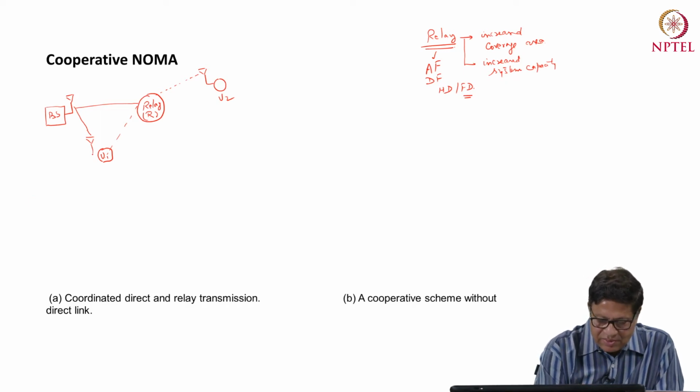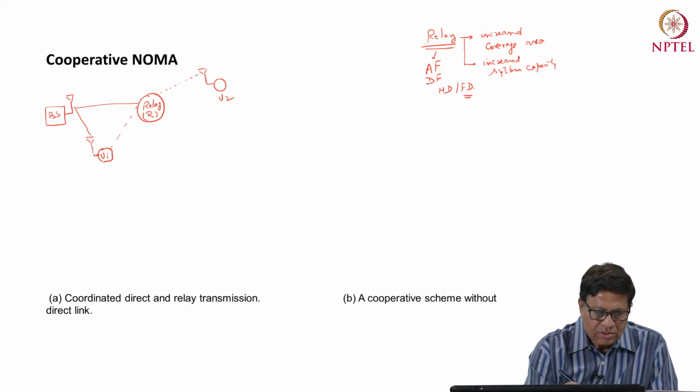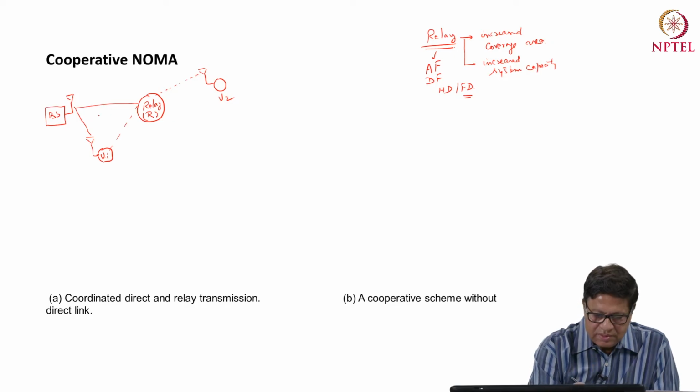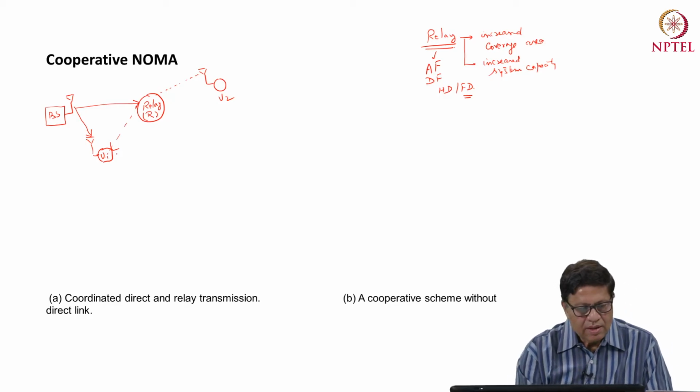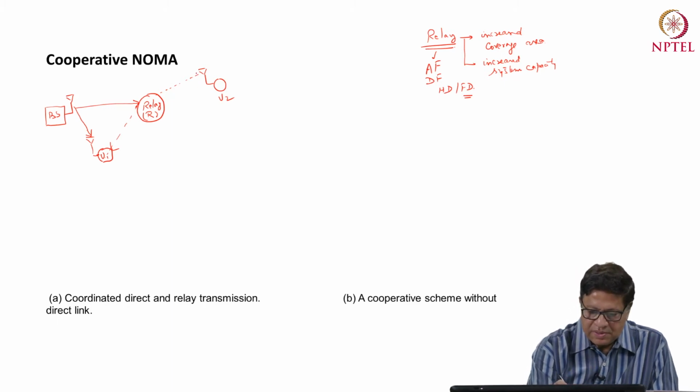This is the antenna for user 1, and let me put the arrow also. This is the direct transmission to relay. This is direct transmission to user 1, and you can have transmission from relay to user 1. And this is the direct transmission to user 2.